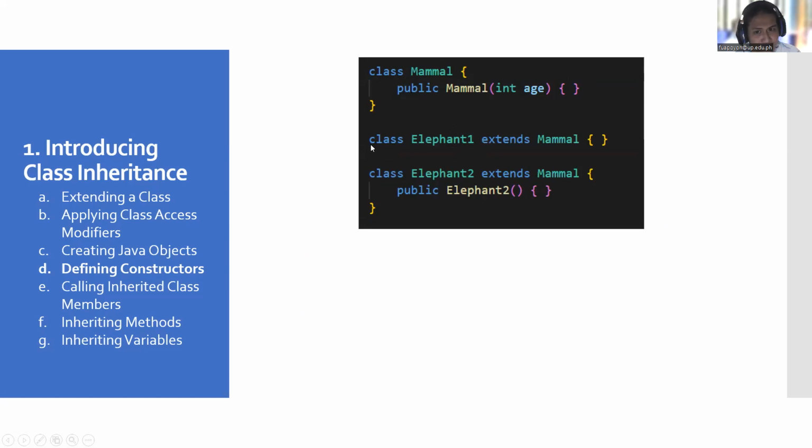So if we extend it with Elephant1, but we don't define a constructor, it will throw us an error because Java does not know how to construct Elephant1 by referring to your superclass or your parent class, because you can't construct this. You don't have a no argument constructor, so this will throw an error.